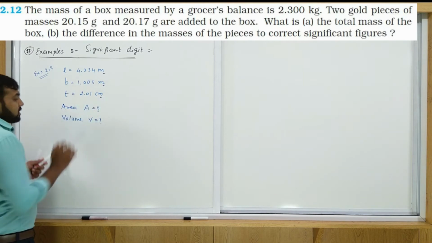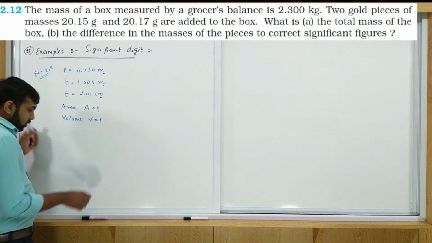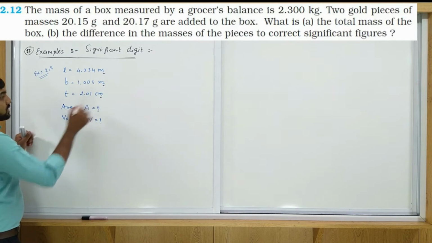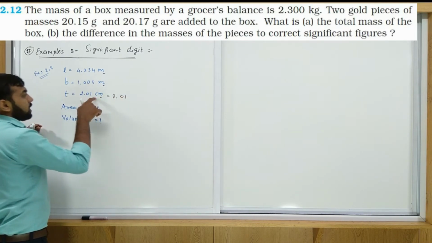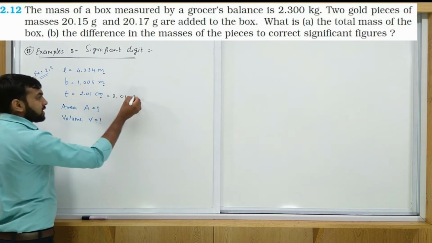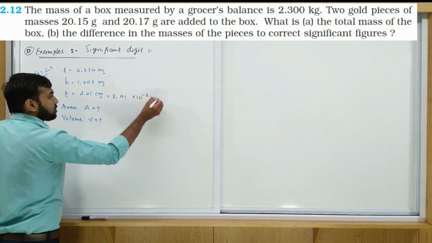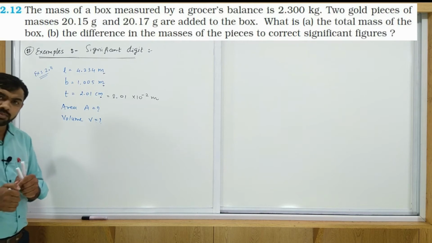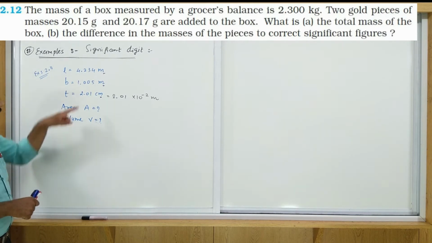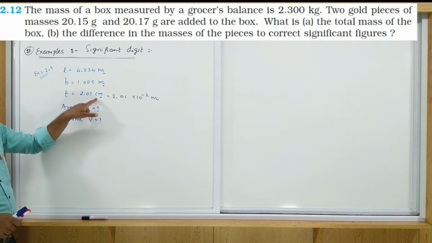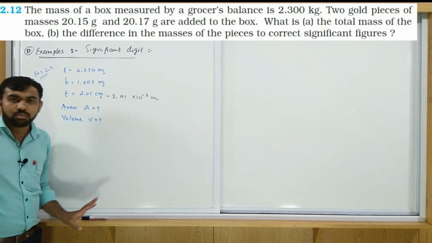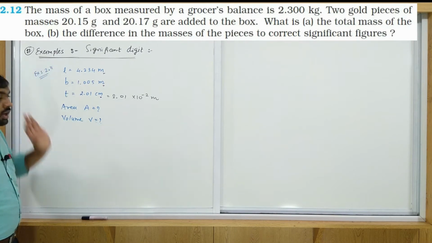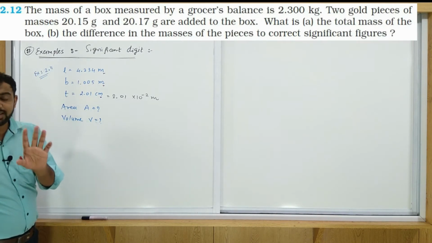So convert this first into meter. 2.01 centimeter: centi means 10 raised to minus 2. Remember the prefixes. So centimeter is converted into meter. These are the data.